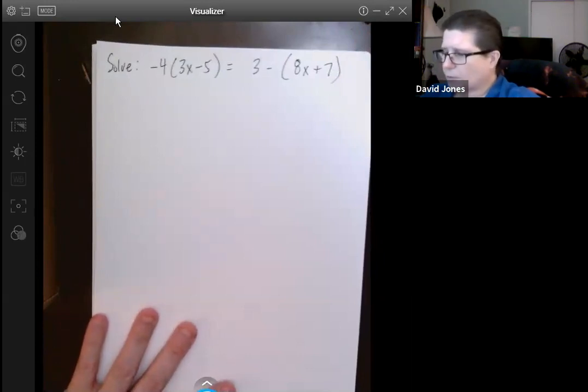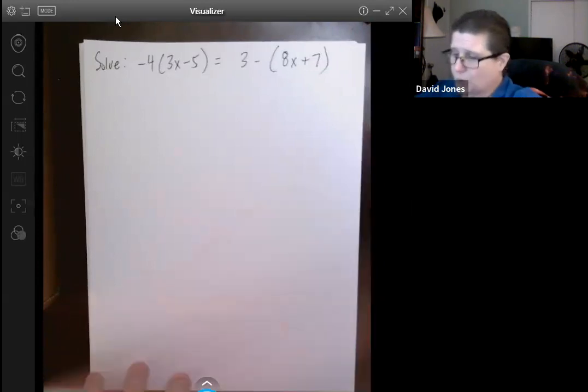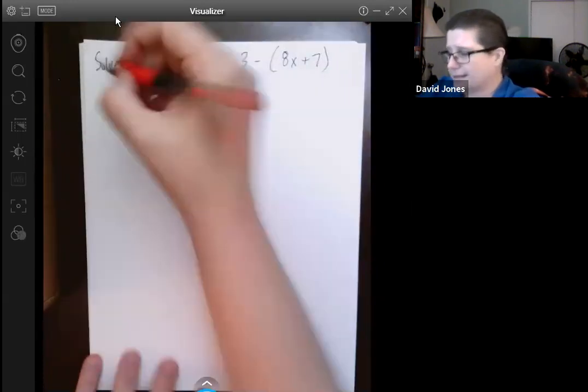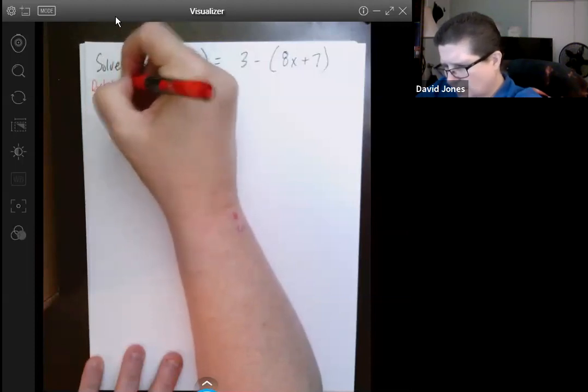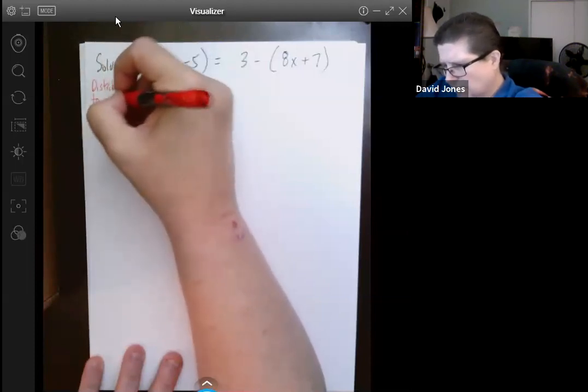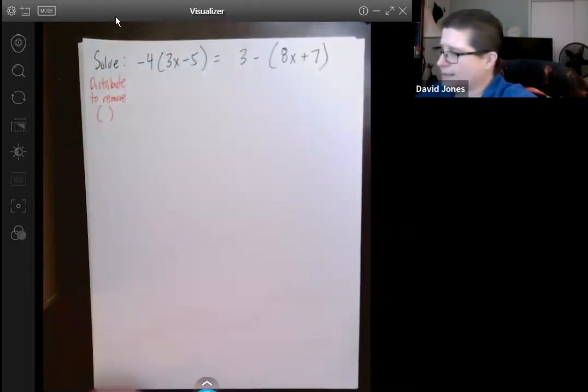Okay, the parentheses are a problem. We want to deal with the parentheses first. So I'm going to distribute to get rid of the parentheses.